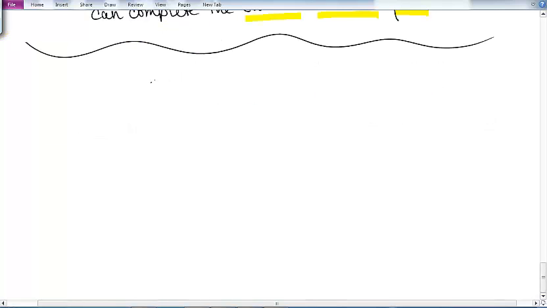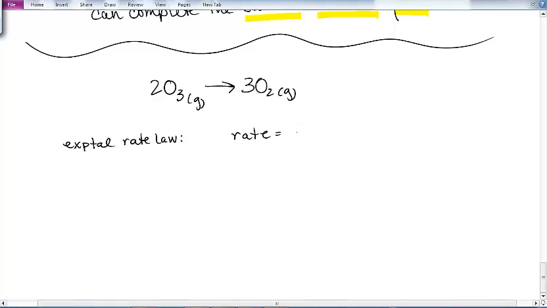All right, let's say we had ozone, O3, turning into oxygen gas. And the experimentally determined rate law is rate equals the rate constant k times the concentration of ozone to the second power over the concentration of oxygen.